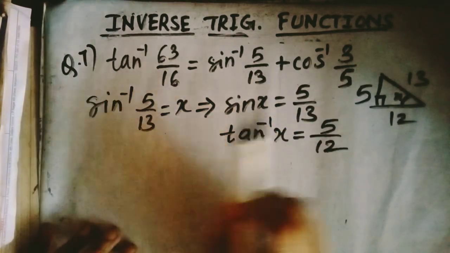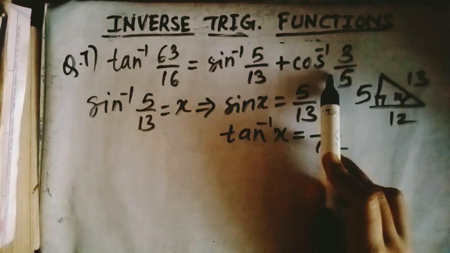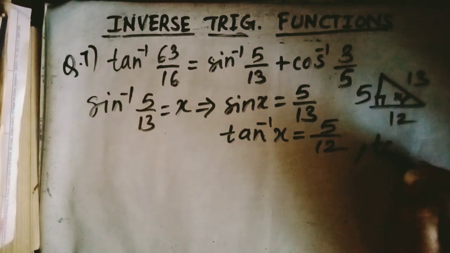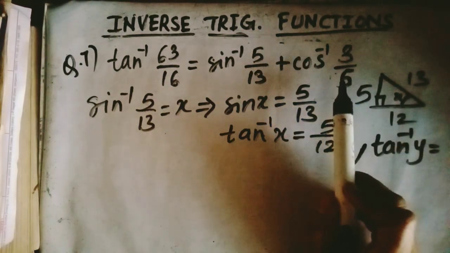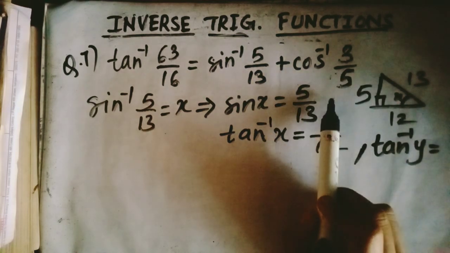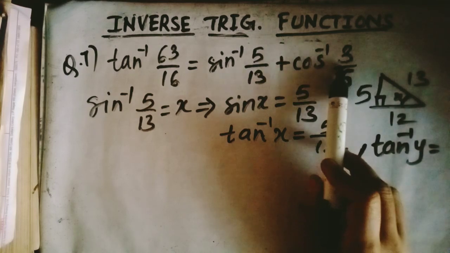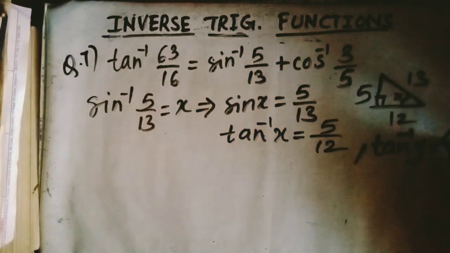Again using cos inverse, this is 3, 5, I'm taking it as y. So tan inverse of y will be, with 3, 5, 4 being a Pythagorean triplet, 3 is adjacent, so 4 upon 3.